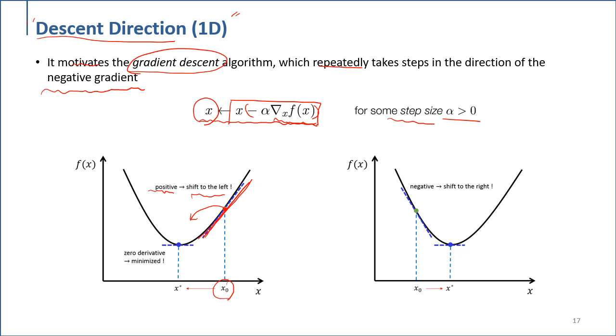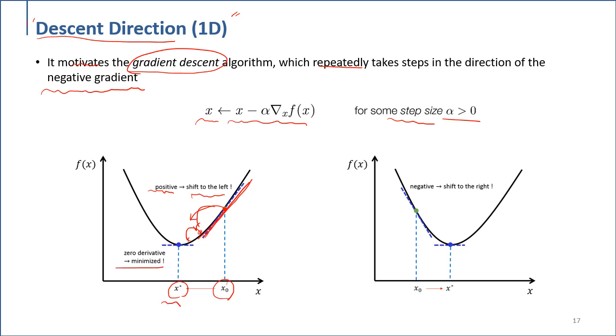By updating x, the new x with this value, you can find another step like this. By iteratively finding the value, you can find the minimum solution.